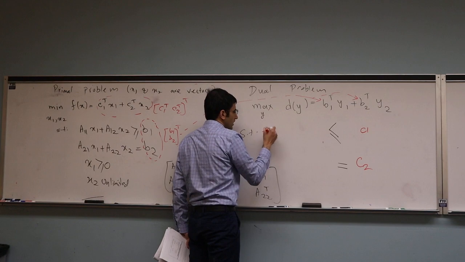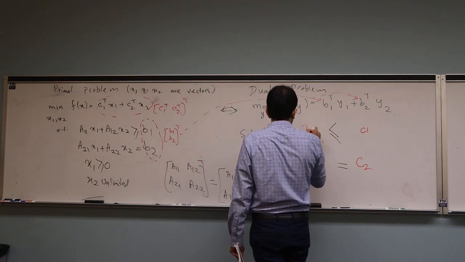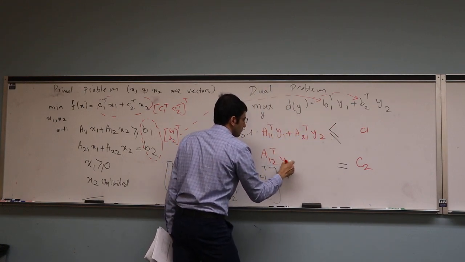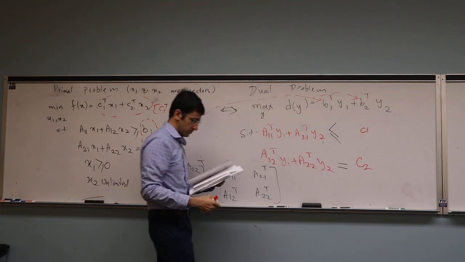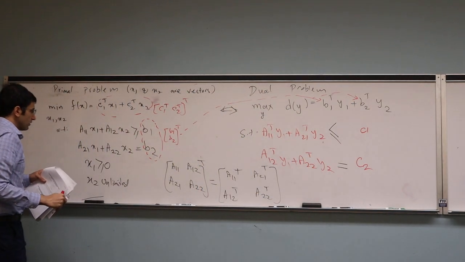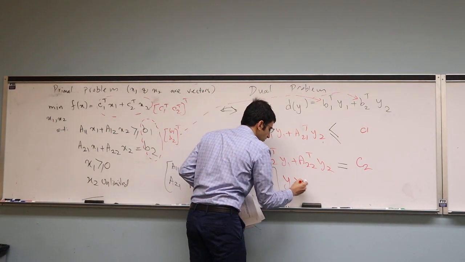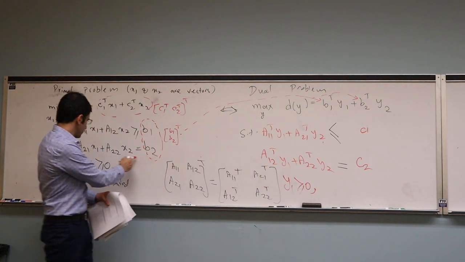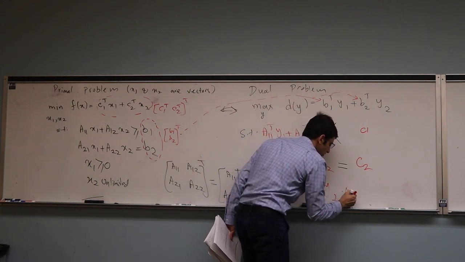So I will have A11 transpose Y1 plus A21 transpose Y2, A12 transpose Y1, and A22 transpose Y2. We have inequality constraint here, so we will need Y1 greater than or equal to 0. We have equality constraints here, so it means Y2s are unlimited.